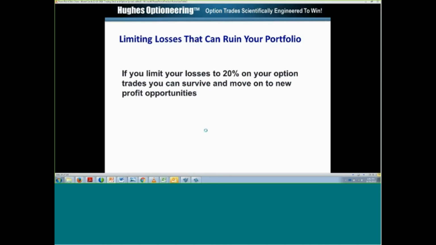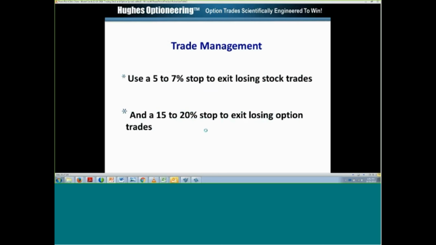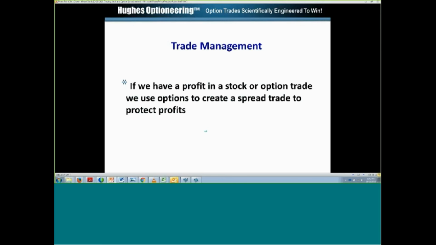So if you limit your losses on an option trade at 20%, you can survive and then move on to the next profit opportunity. And for a stock trade, we'll use a 5 to 7% stop loss. And with an option trade, we look to exit the trade with a 15 to 20% loss on the option.